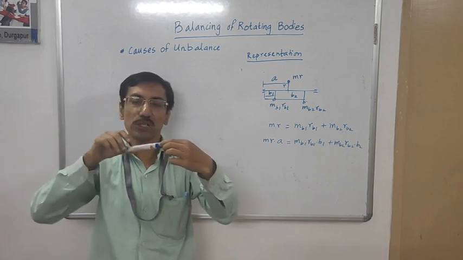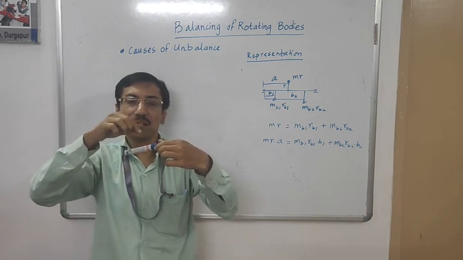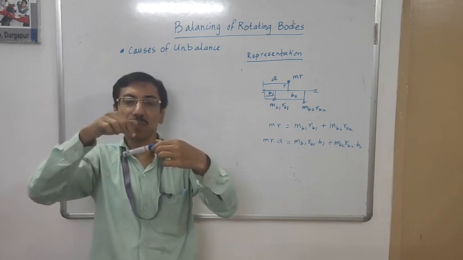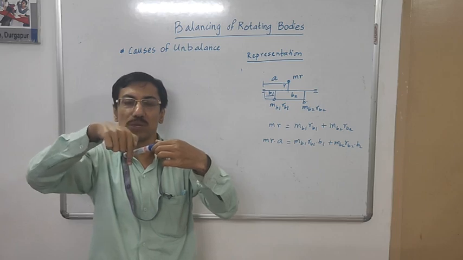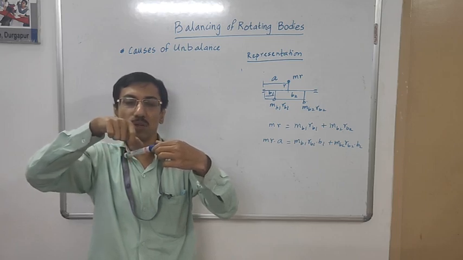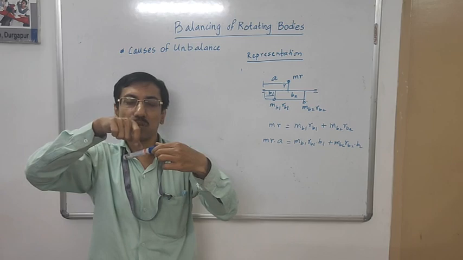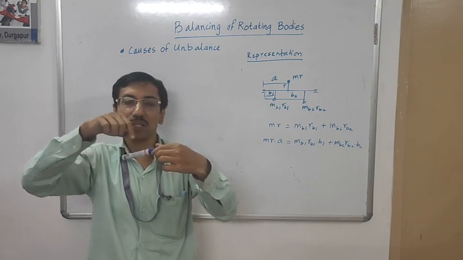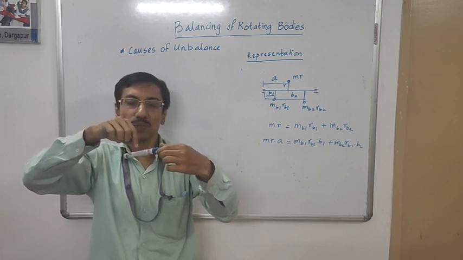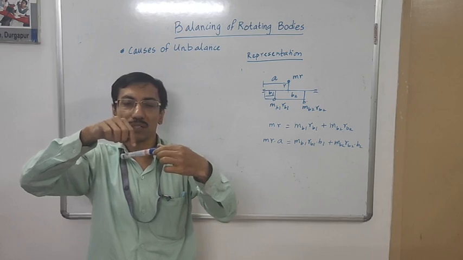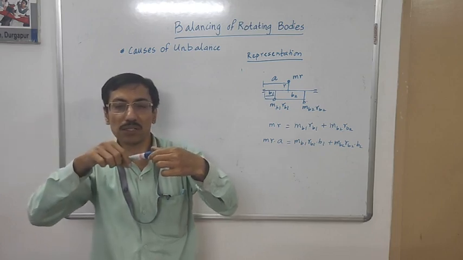But if we twist it slightly and it is placed here, then the gravitational pull would act through this way, and of course a moment will be developed about the axis of rotation. And even though we are not rotating this shaft, still it will automatically twist down.